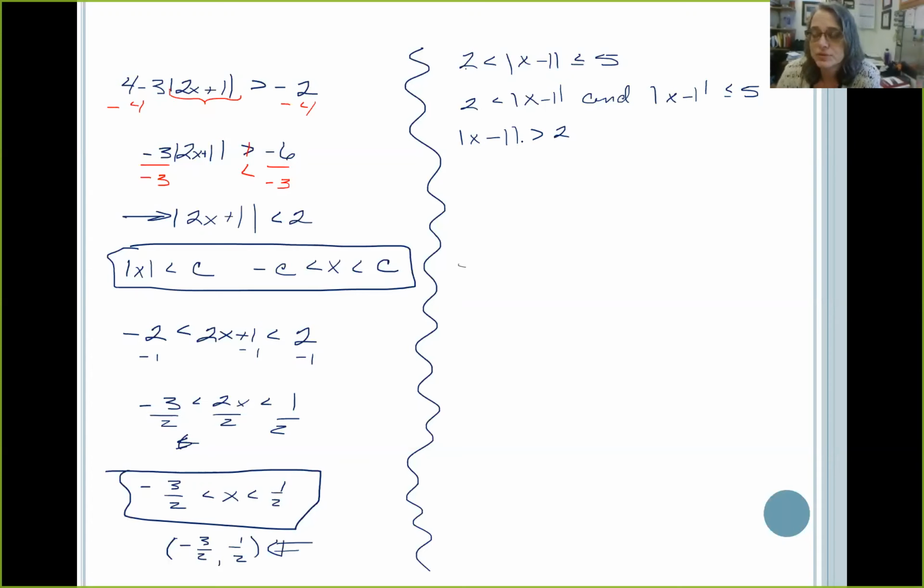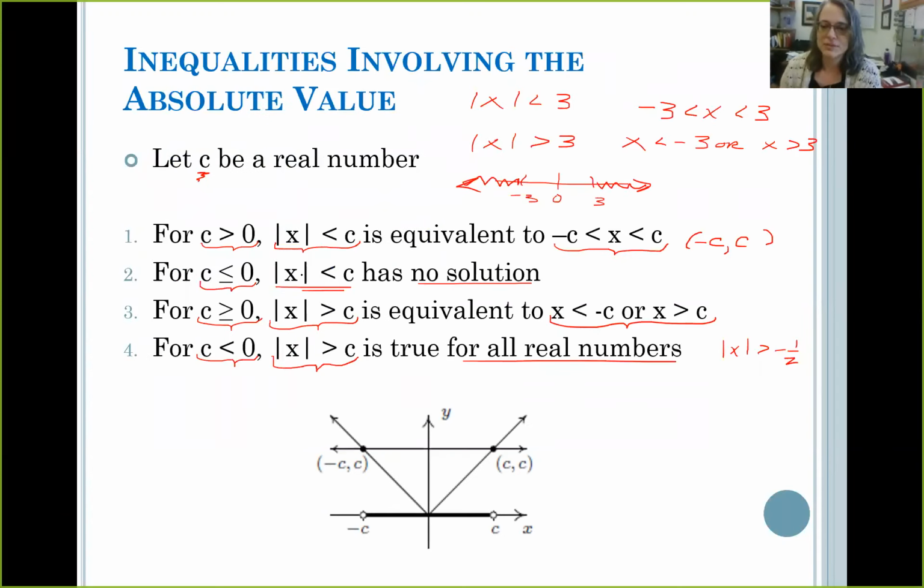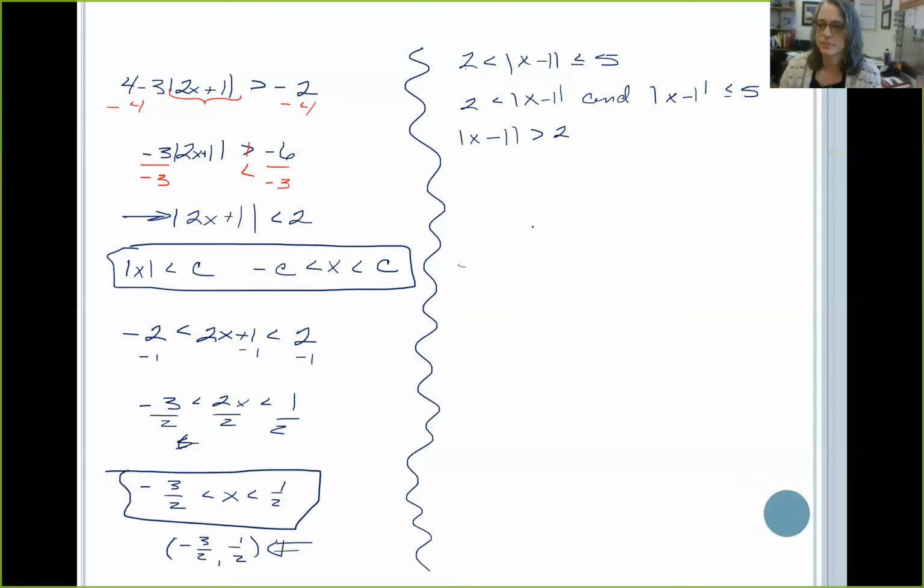Remember, if you have the absolute value of x greater than some number c and c is positive, we have to write that as x is less than negative c or x is greater than c.